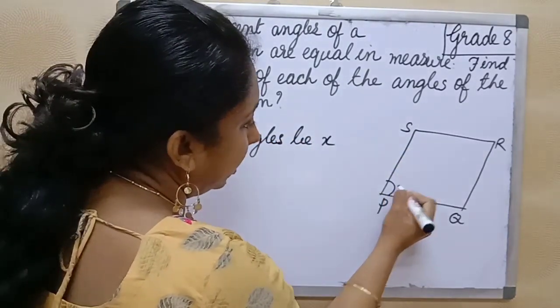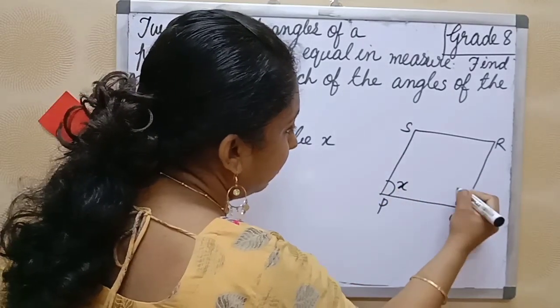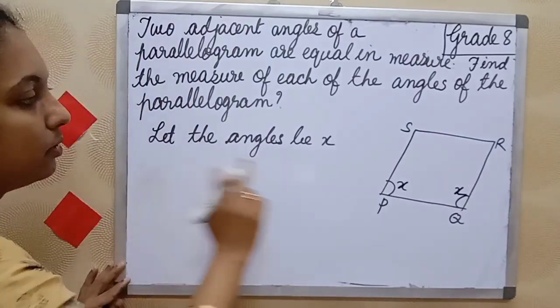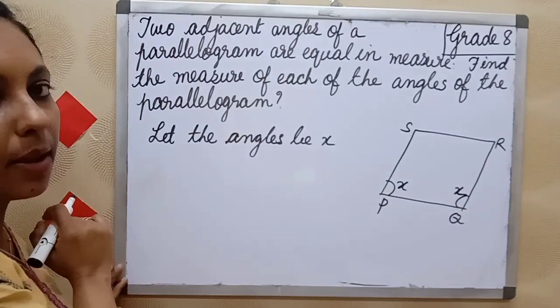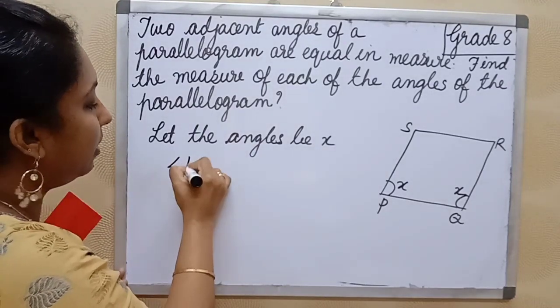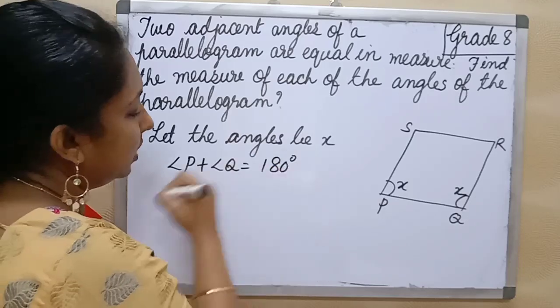Here angle P and angle Q are adjacent angles. So one angle is x, then the other one is also x. So we can use the property: adjacent angles are supplementary. That means angle P plus angle Q is equal to 180.